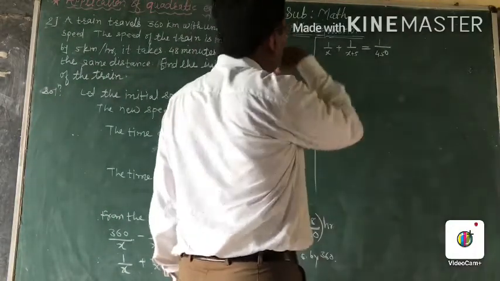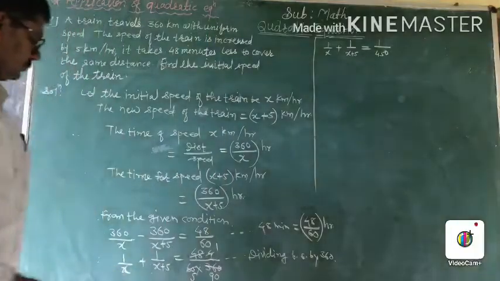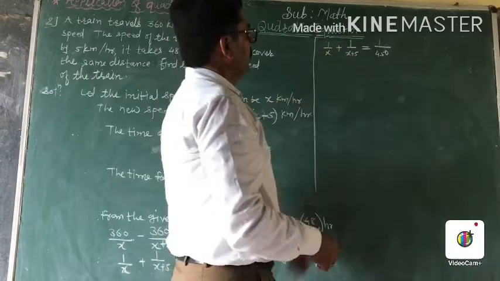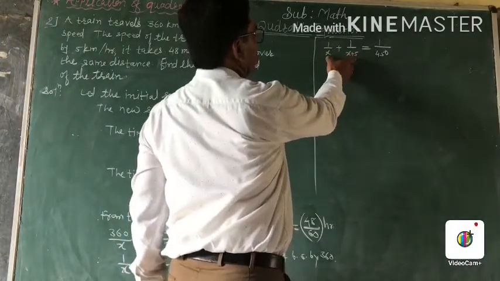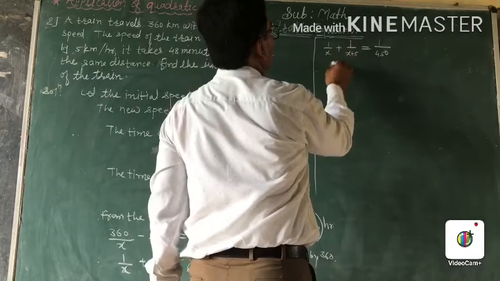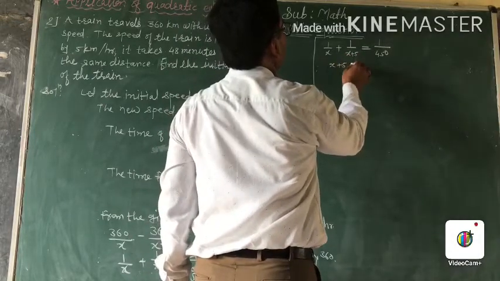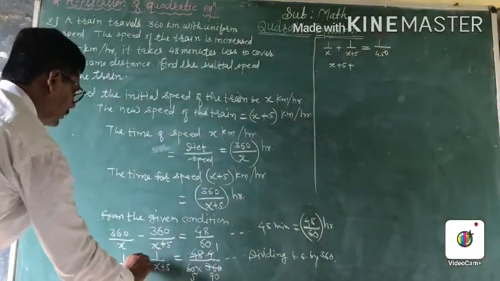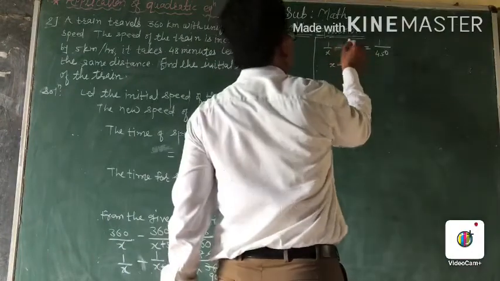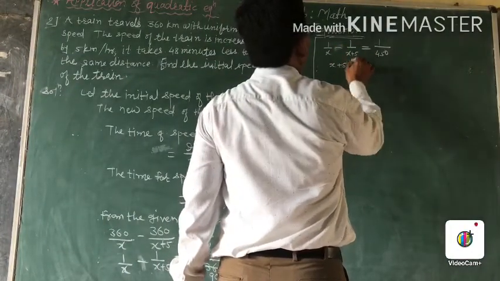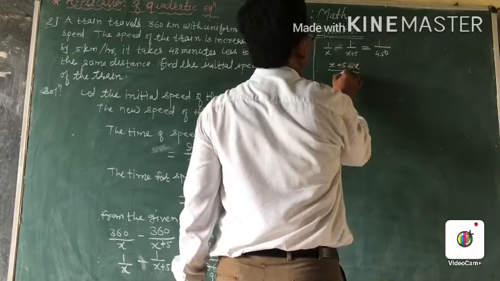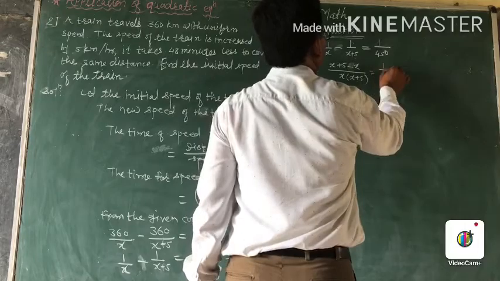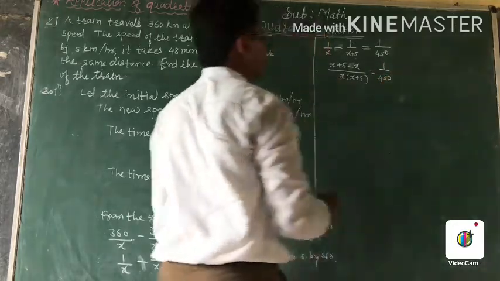Now taking the common denominator, adding this 1 into x plus 5, and here is the subtraction, minus 1 into x, upon x into x plus 5, is equal to 1 by 400.